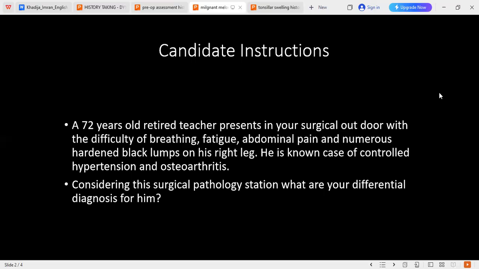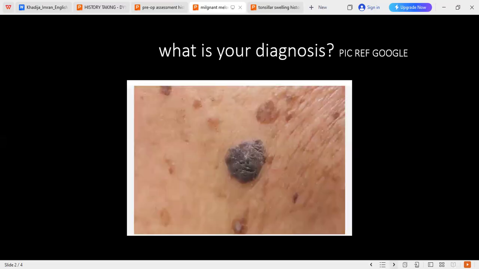I'll consider the size of the lesion, the Breslow thickness, Clark level, any ulceration, lymph node involvement, perineural invasion. What is another micrographic surgery you can tell me? Mohs microsurgery maybe.